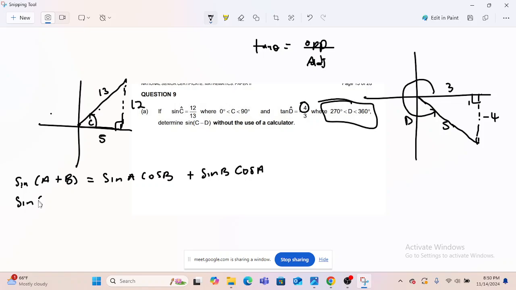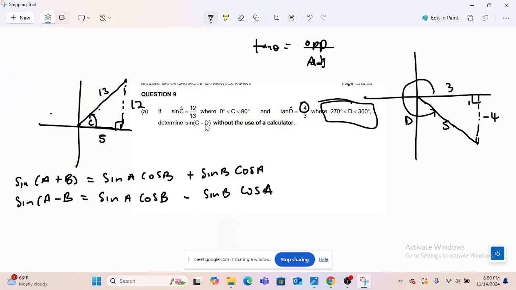And if you have sine A minus B, that is the same as sine A cos B minus sine B cos A. So these two are very important, and they are the ones we are going to use here. I'm not going to talk about cos A plus B and cos A minus B, although there are also compound angles based on that. But I wanted to talk about this.